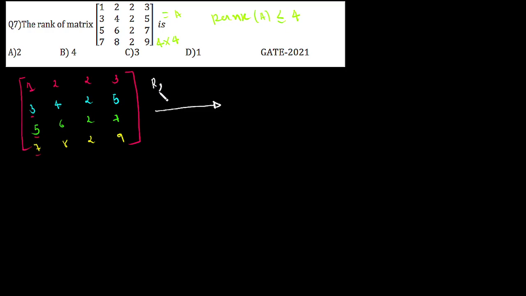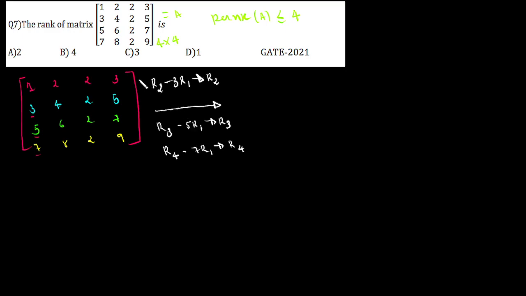Row 2 minus 3 times row 1 will give me new row 2. In the same way, row 3 minus 5 times row 1 will give me new row 3. In the same way, row 4 minus 7 times row 1 will give me new row 4.